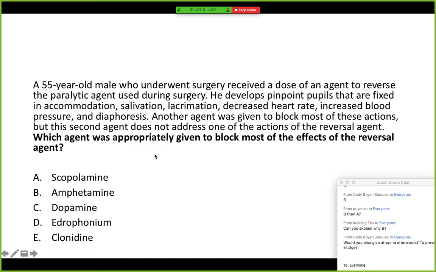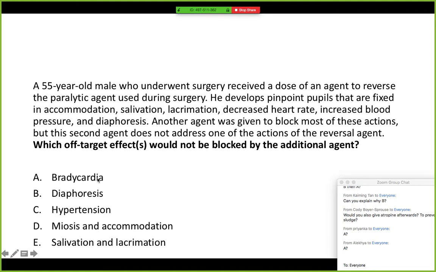So, which agent was appropriately given to block most of the effects of the reversal agent? Right, A. Yeah. So you're going to give an anti-muscarinic. Okay.